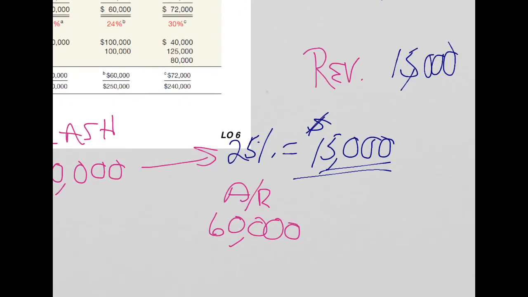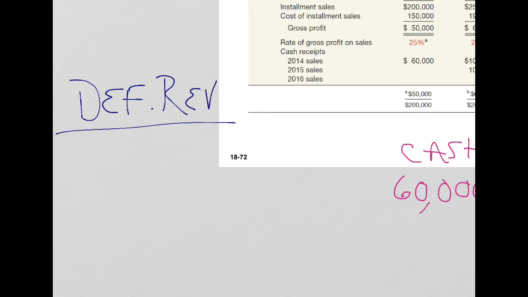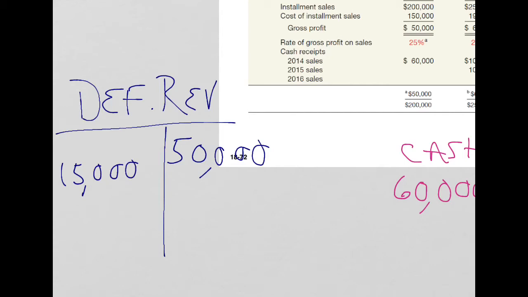If we were doing T accounts, we would have a deferred revenue account set up at the time the sale is made. We put the entire amount of expected gross profit there as a credit balance. As we collect a dollar on the receivables, we take 25% of that dollar and debit the deferred revenue and credit revenue.